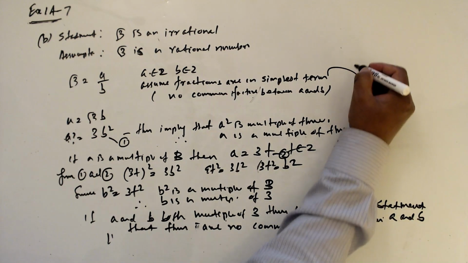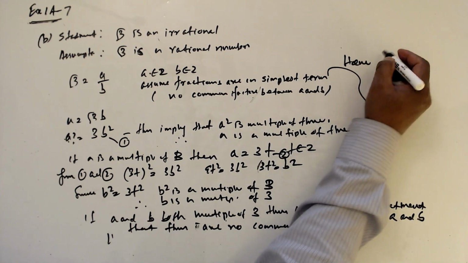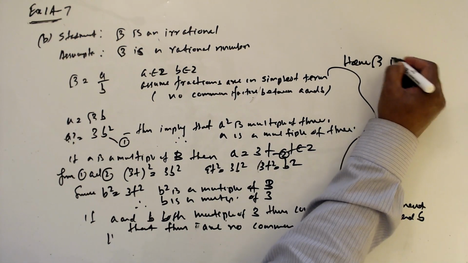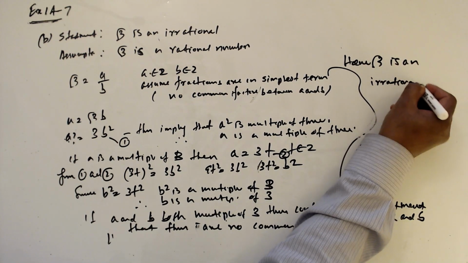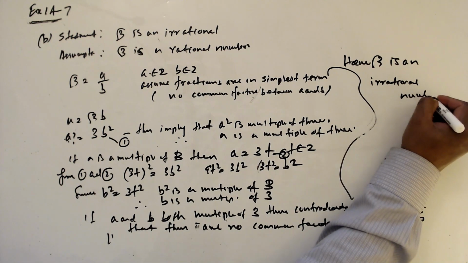And the last one, hence, square root 3 is an irrational number.